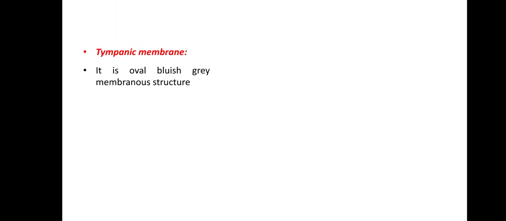It is a stretchable, flexible organ, capable of vibrating. It receives sound waves and amplifies them to appropriate magnitude. So the main function of the tympanic membrane is to amplify the sound wave which is collected by the external ear pinna.